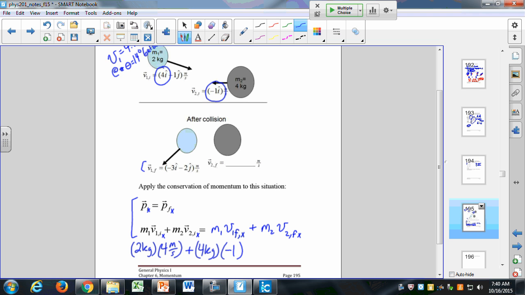That's the initial velocity. Oh, no, I'm sorry, that's the final velocity, equals m1, which is 2 kilograms, times negative 3, plus m2, which is 4 kilograms, times v2f in the i direction, or the x component, rather. Okay, and then you solve for v2fx.